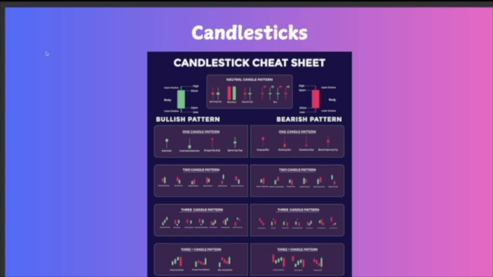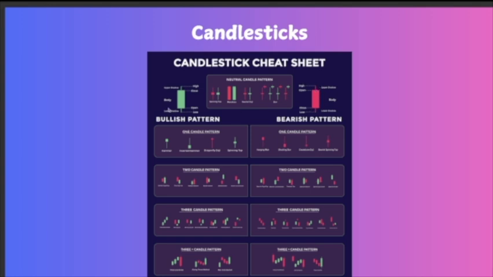Green represents your buyers, red represents your sellers. Over here where my mouse is hovering, you have your green body candle, and this represents your buyers. Your red body candle on my right is going to represent your sellers.